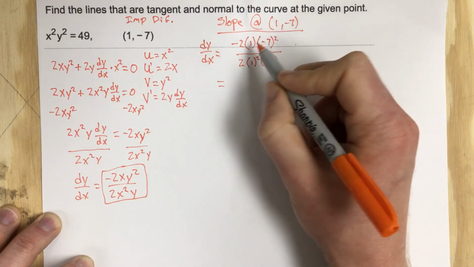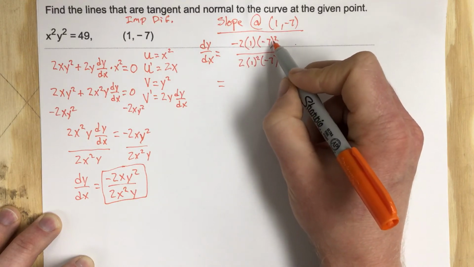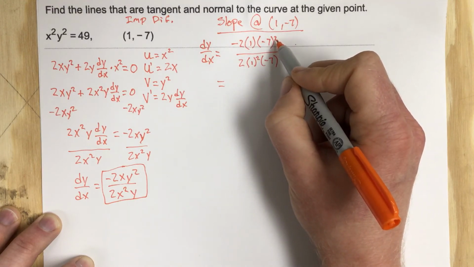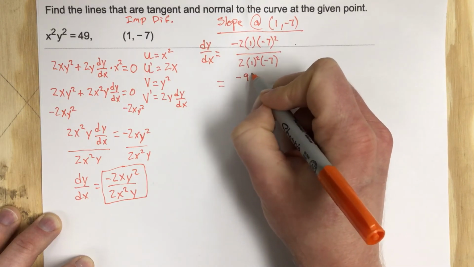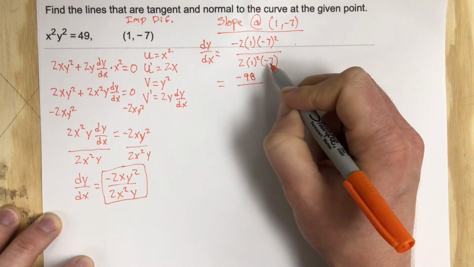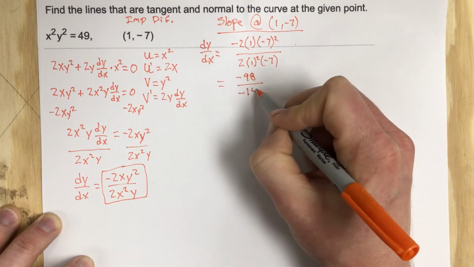This will give you negative 7 squared is 49. 49 times negative 2, negative 98, over, this will just give you negative 14.